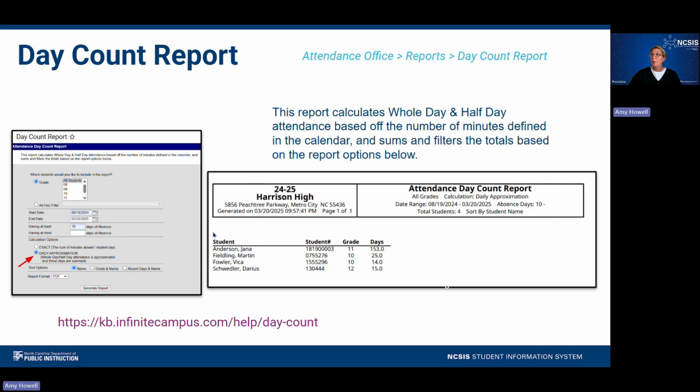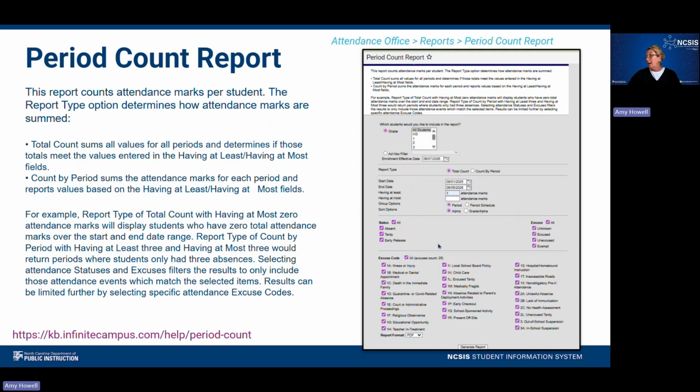The period count report is another attendance report. And you'll notice here we have a whole lot of options to choose from. It's run very similar to the day count report with our dates that we can put in there. We have to put in having at least. And if it were me, I would probably select these individually. So I have just the tardy. If you just have tardy selected, it will pull all your golden T's for all periods.